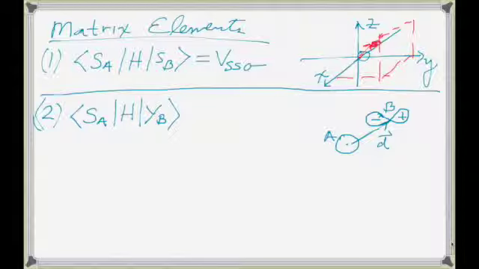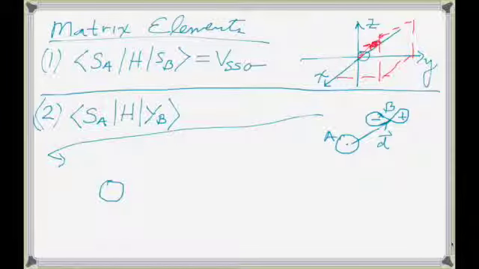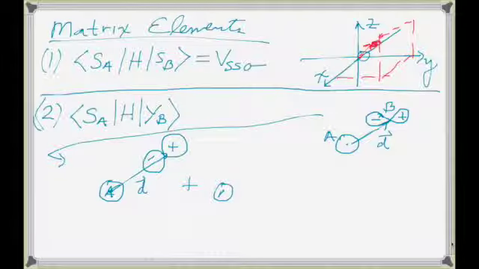So when we do this transformation, the s orbital just stays the s orbital. Here's my d vector, and I need to decompose this p orbital into a component along the d vector and a component perpendicular to the d vector.